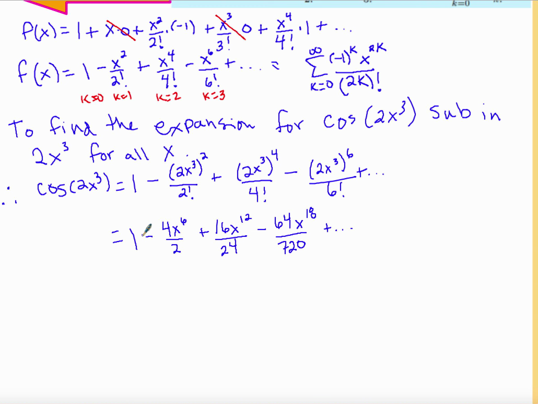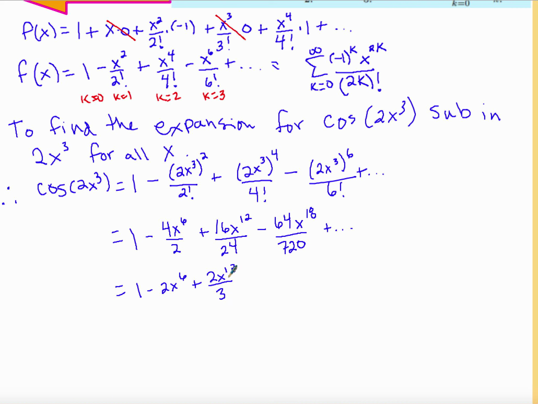We can simplify it a bit more. So let's see, 4 divided by 2 is 2. 16, well, they don't go in evenly, but it does reduce. Let's see, 4 goes into both, 8 goes into both. That's going to give me 2x to the 12th, and 8 goes into 24 3 times.